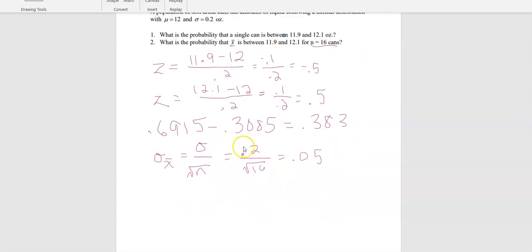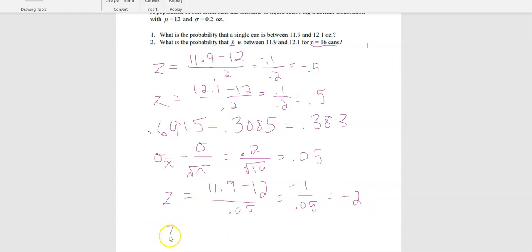All right, so we're still going to do a z-score, and we're going to do it with 11.9 and 12.1, just like we did in number 1, but my standard deviation on the bottom is going to be 0.05. All right, so this will be negative 0.1 over 0.05, and that's going to end up being negative 2.